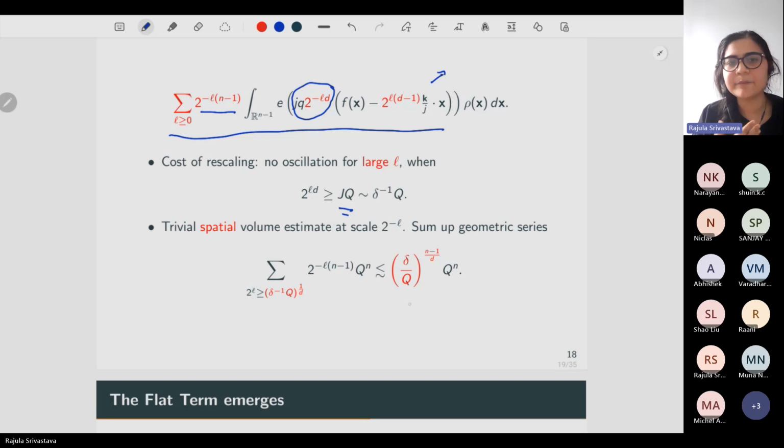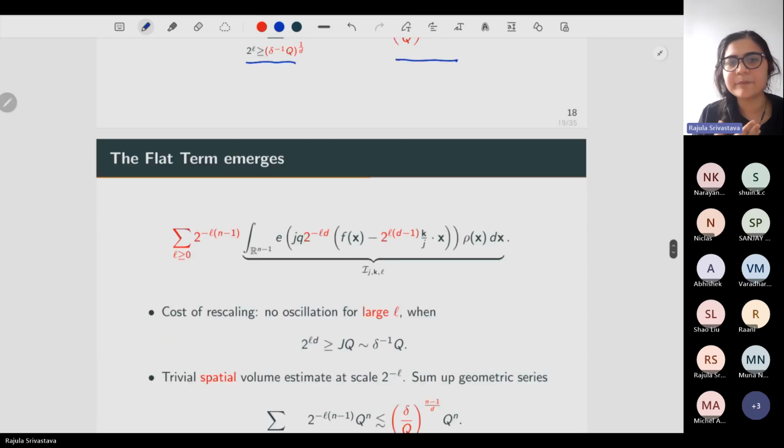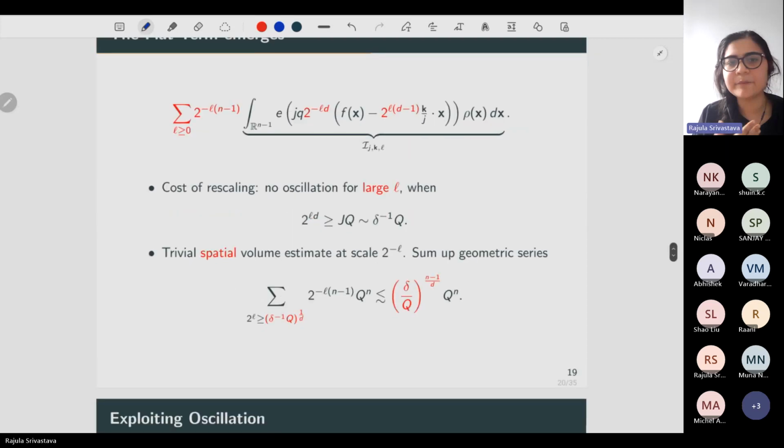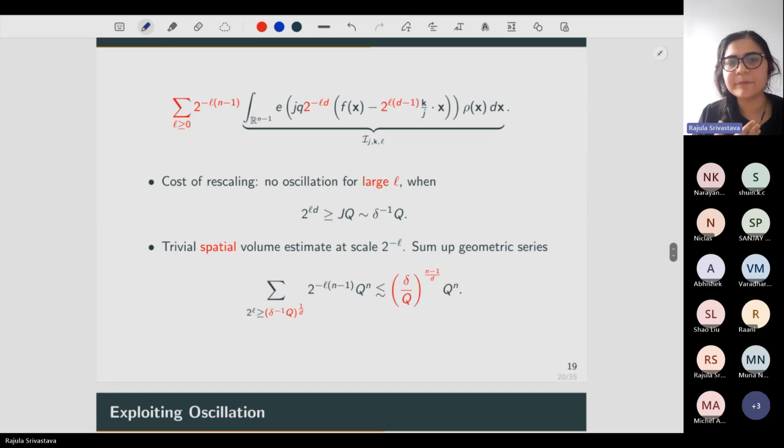When you do that, you see that's the volume of the cap that we started with, that was the second term. So the second term also emerges when there's no oscillation, but now the lack of oscillation is because of the local flatness. Once 2 to the power L becomes bigger than this threshold, depending on the degree, the second, flat term emerges. So this was the cost of rescaling: for large L, you do not get any oscillation.